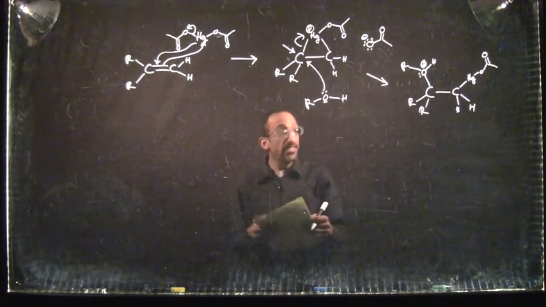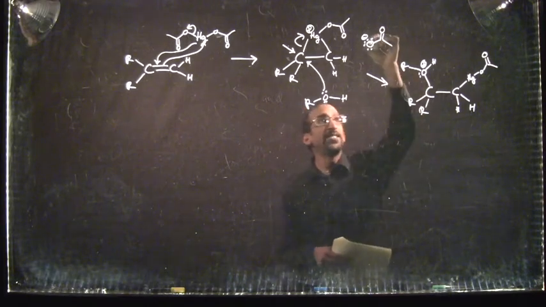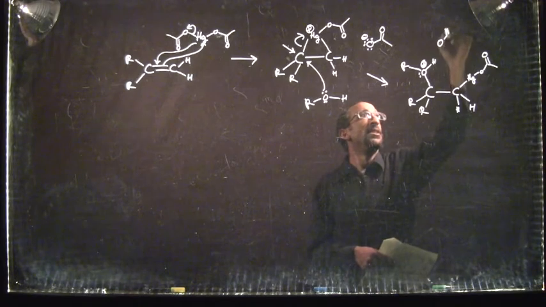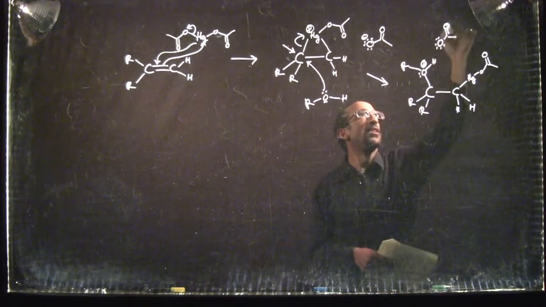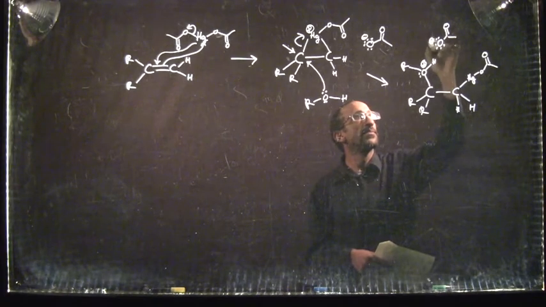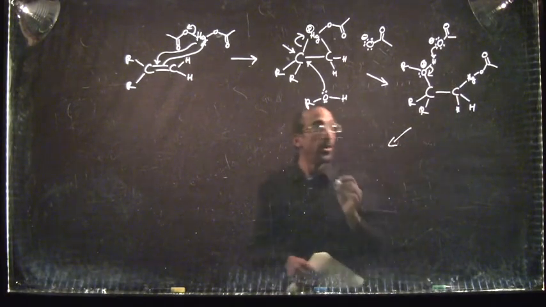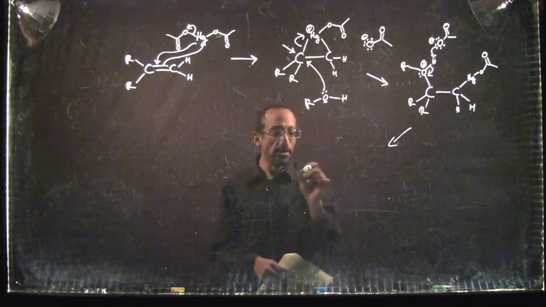At this point, right, our acetate that we lost in our first step comes along to deprotonate our oxonium. We form an ether now.